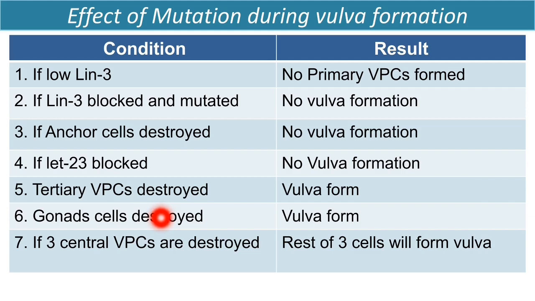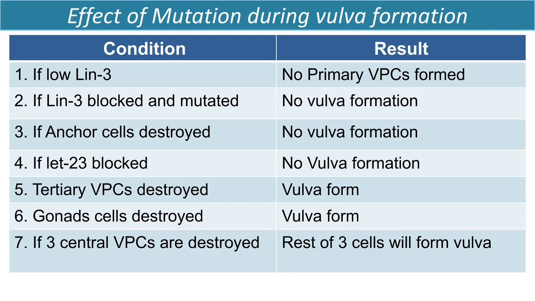So in this case, vulva formation will take place. Now the sixth case, that is if the gonad cells are destroyed. Here, see, there is no relation of gonads with VPCs and anchor cells, because the anchor cell is present beneath the gonad cells. So in this case, vulva formation will be normal.